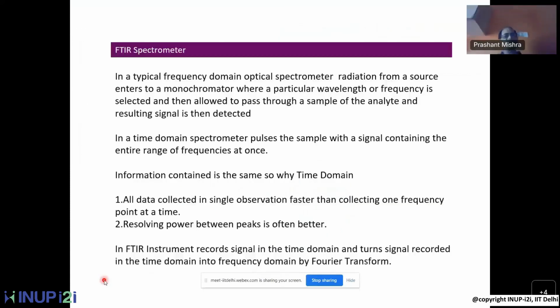Now here, the FTIR spectrometer is slightly different from the other spectrometers, and that is what we are going to discuss, the physics behind it. In a typical frequency domain optical spectrometer, the radiation from a source enters through the monochromator.